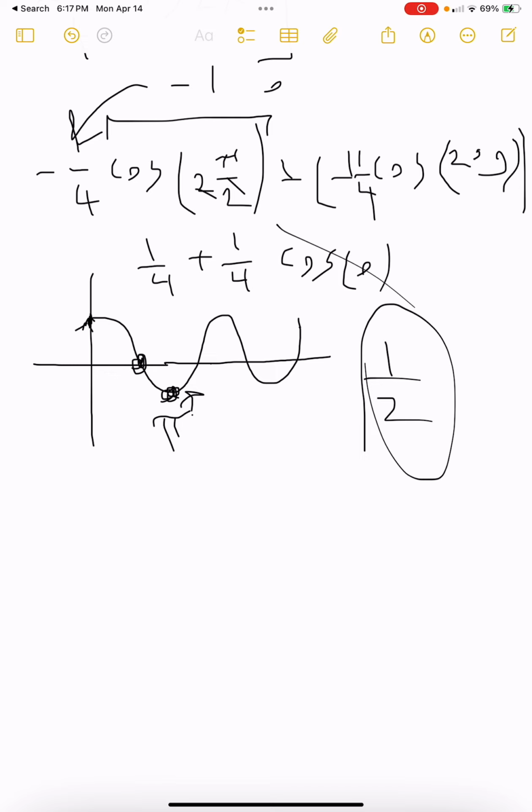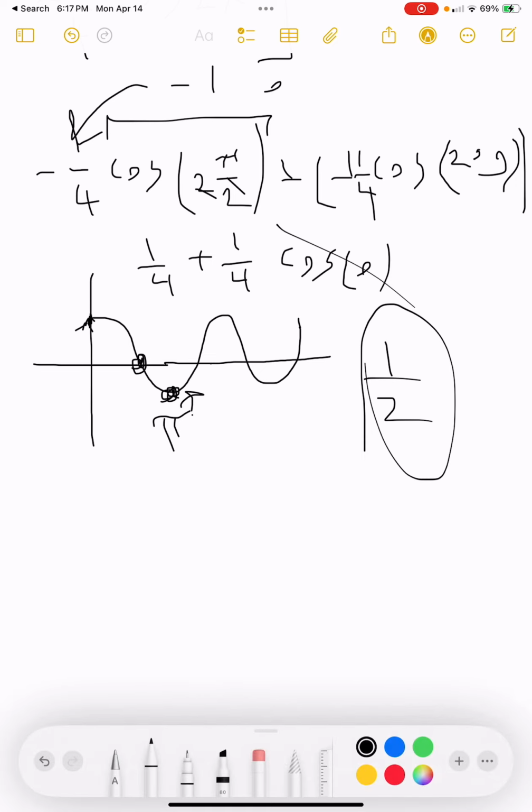So to recap, I just started off with a simple trig identity. Then I simplified from there. So yeah, this is the answer.